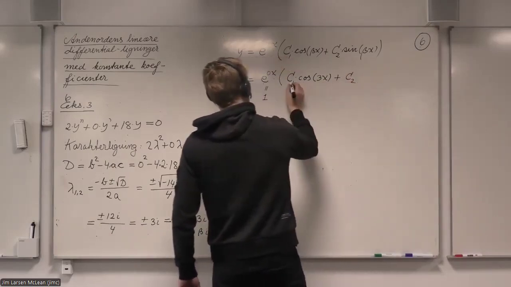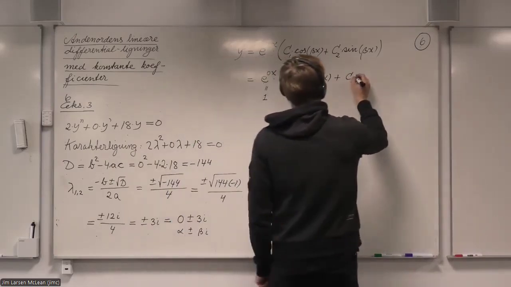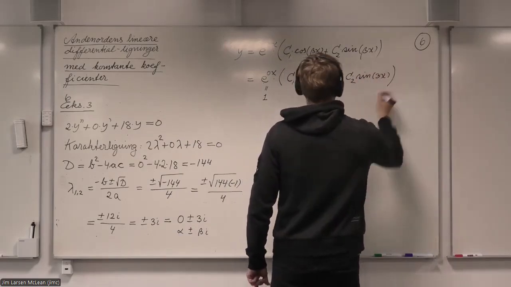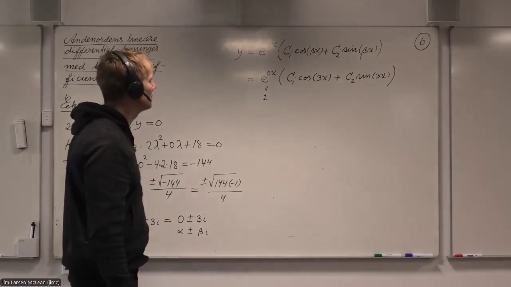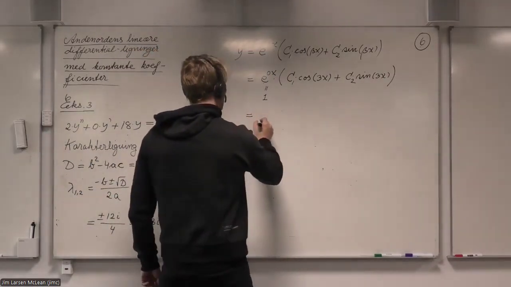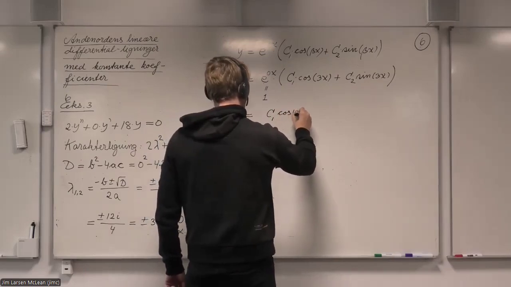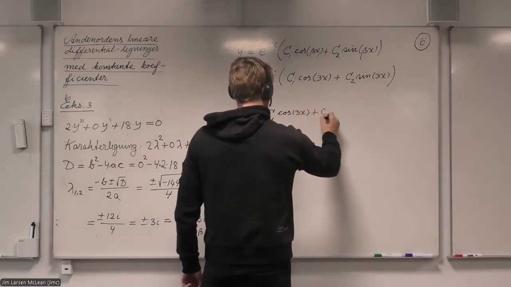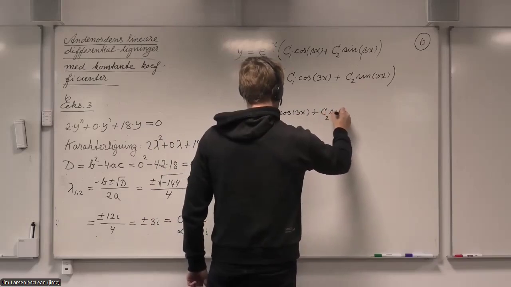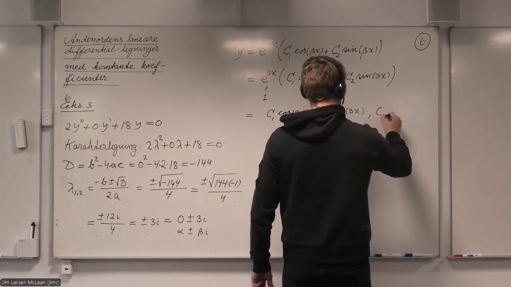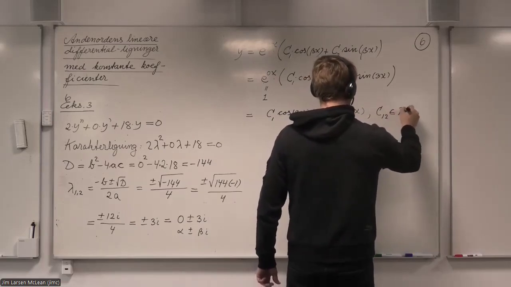This was c1, I forgot to write a 1. And then multiply by sine of 3x. And then we have the solution. There it is. So if we just write it a bit nicer, it's simply c1 cosine 3x plus c2 sine of 3x, where c1 and c2 belong to the real numbers.